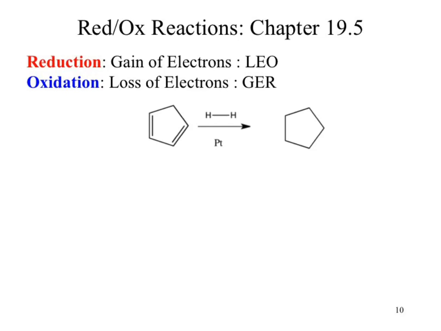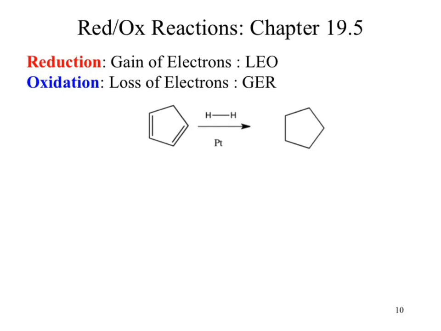This reaction we refer to as reduction. Why do we refer to this reaction only as reduction? Because the ring was reduced. It is by definition a redox. Both must happen. Hydrogen was oxidized. Why do I call it reduction?